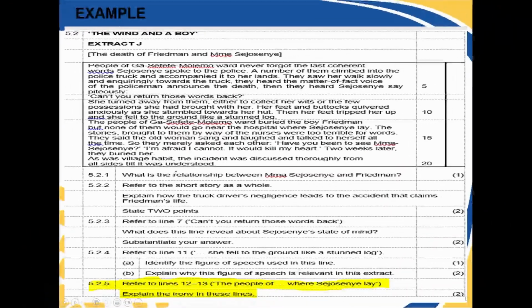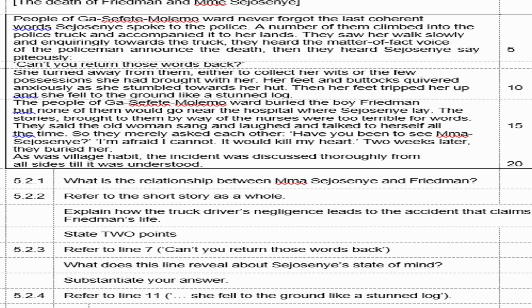Now let's take an example so that we see whether you are getting it or not. Right, so here, this is a short story, The Wind and the Boy, and the focus is on 5.2, which says refer to lines 12 to 13. All right, so let's read the text.